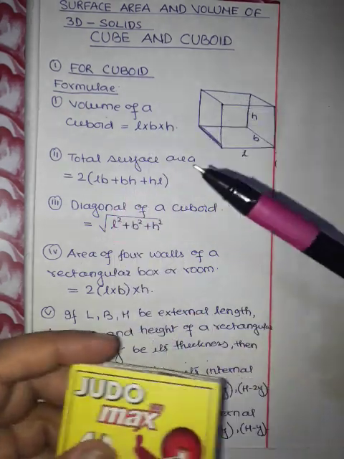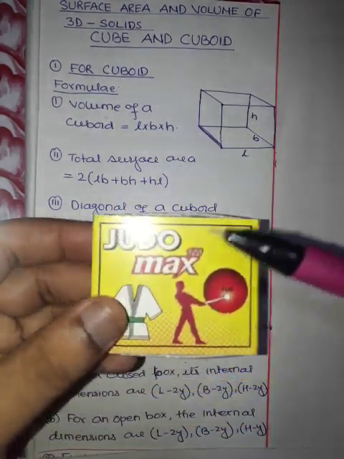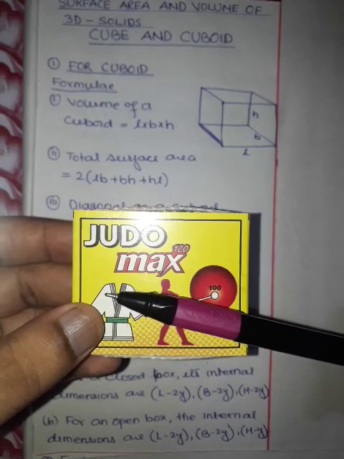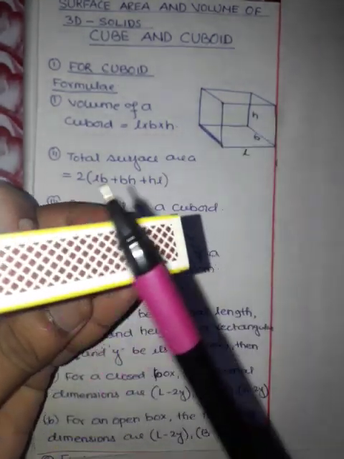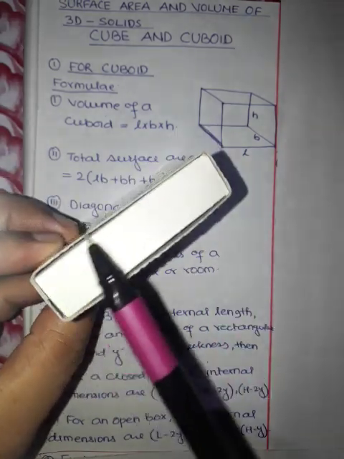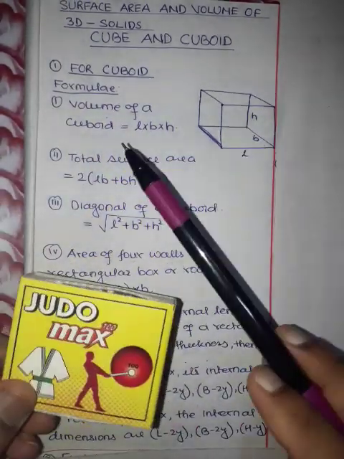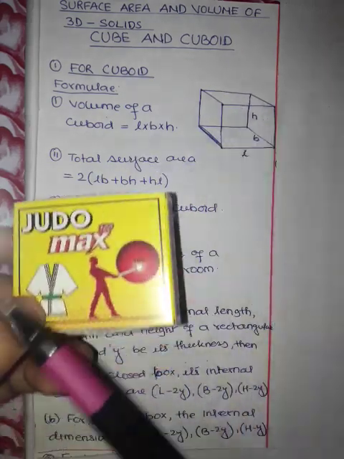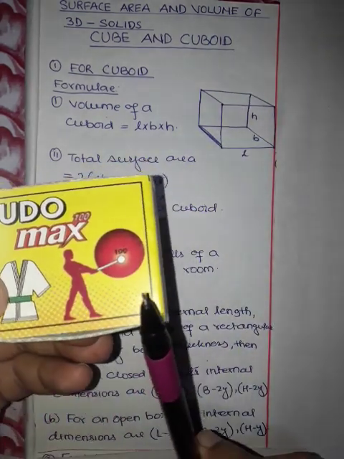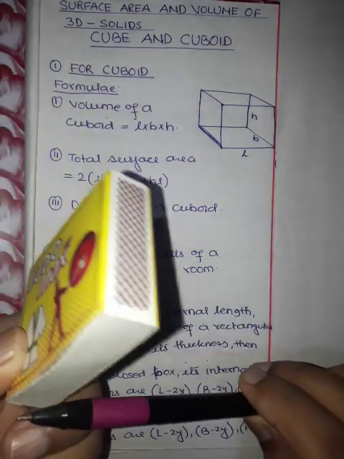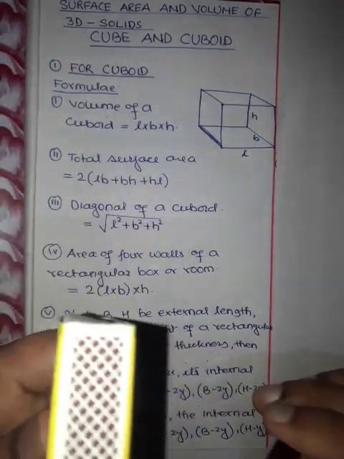Suppose you want to find the total surface area of the cuboid. See how many surfaces are there? 1, 2, 3, 4, 5 and 6. So 6 surfaces are there. So the total surface area will be how much? It will be length into breadth, here also length into breadth.